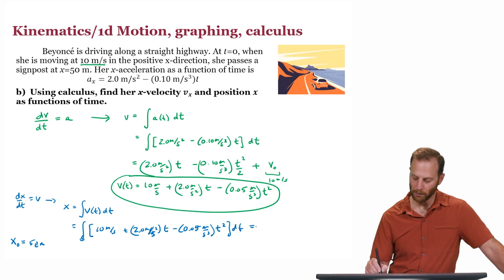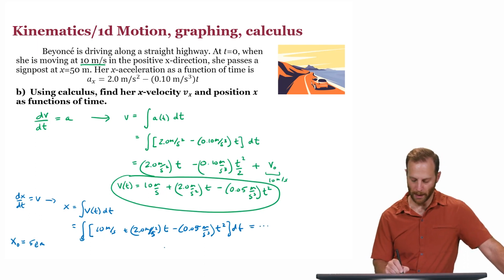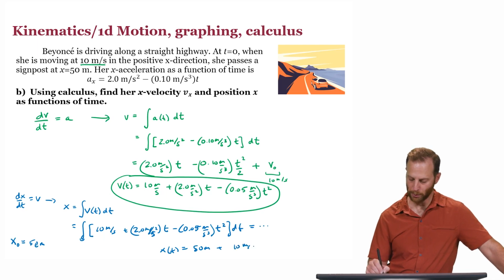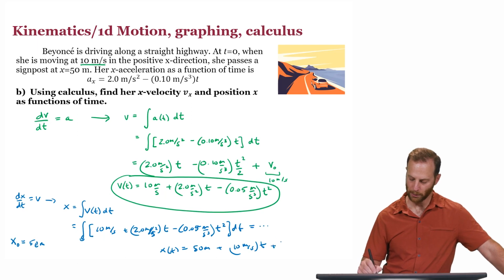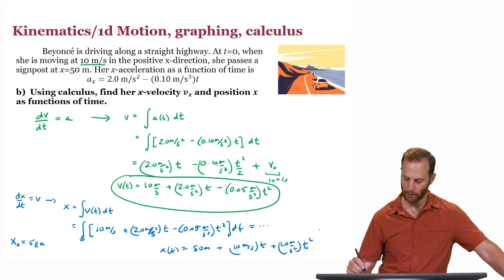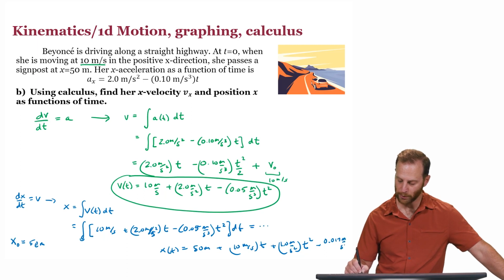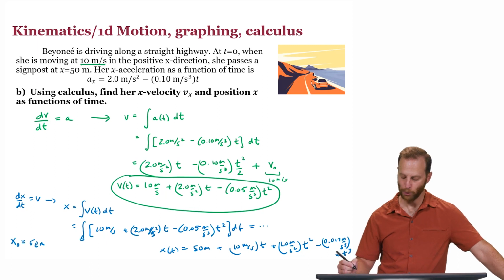What we'll discover, I'll let you fill in the gaps here, is that x of t turns out to be equal to 50 meters plus 10 meters per second times t plus 1 meter per second squared times t squared minus, and there's a rounding that has to be done here, 0.017 meters per second cubed times t cubed.